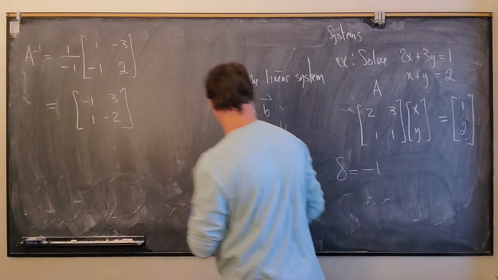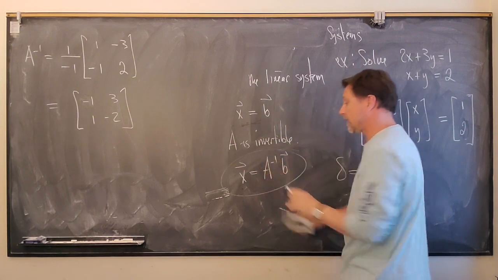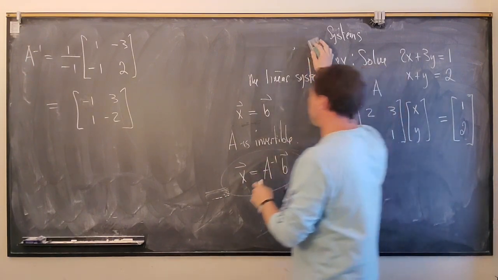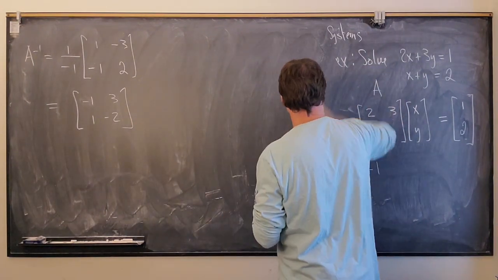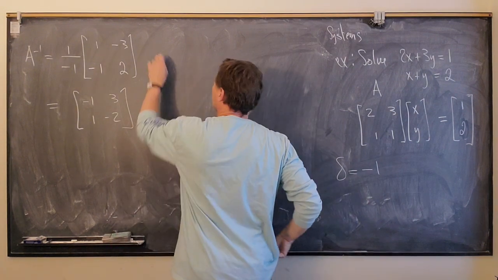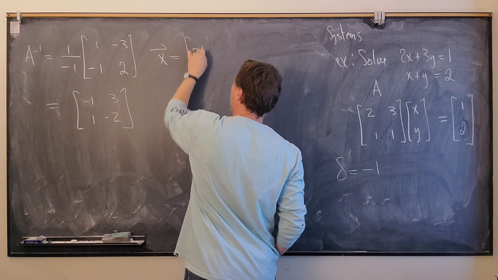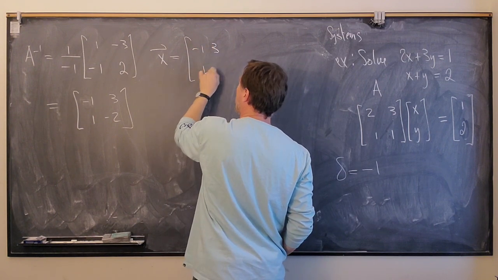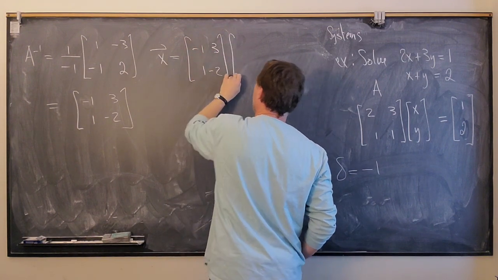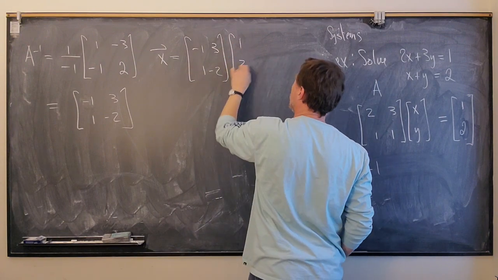Well, I'm about to erase it, but what it tells us is that x is equal to A inverse times B. So let's do that now. So x is equal to A inverse, minus 1, 3, 1, minus 2, times B, which is 1, 2.